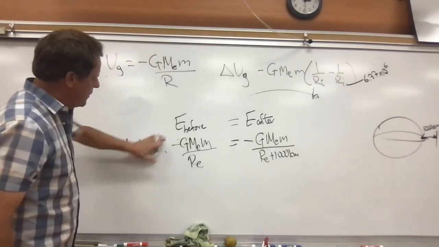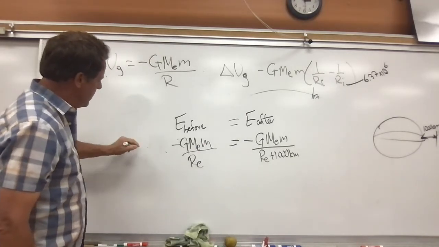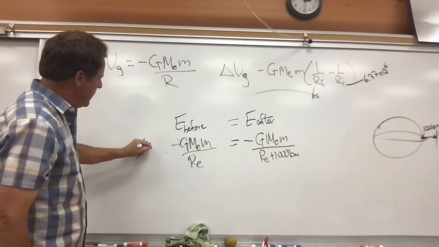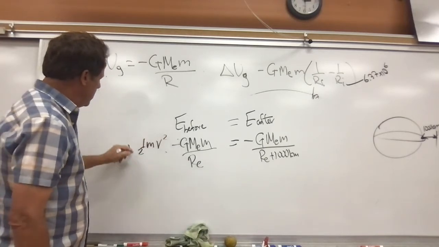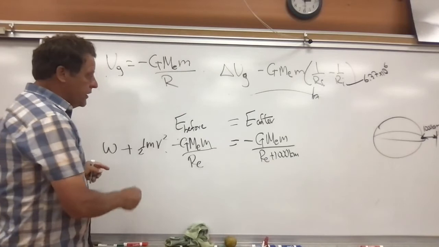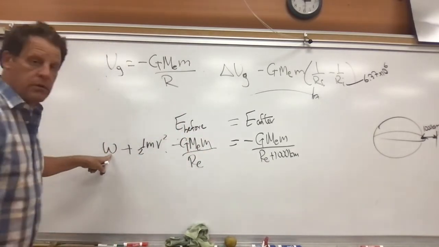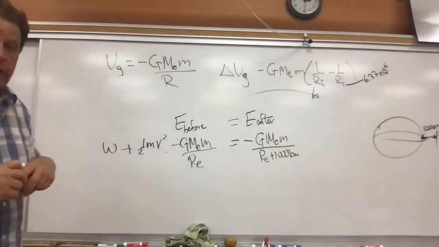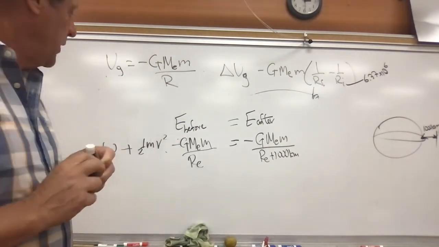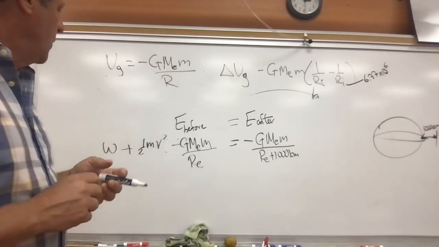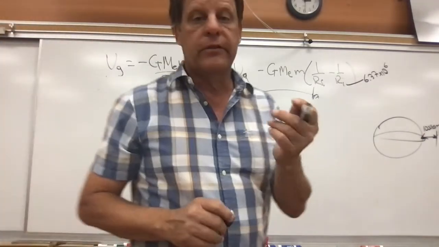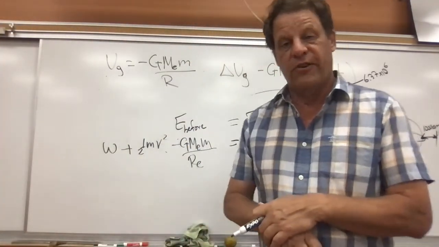The kinetic energy is going to be 1/2 mv squared. And the difference between all of this is going to be the amount of work, which is how much energy it requires. Okay, so how fast are we going?